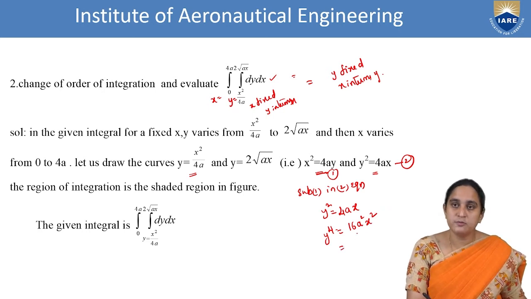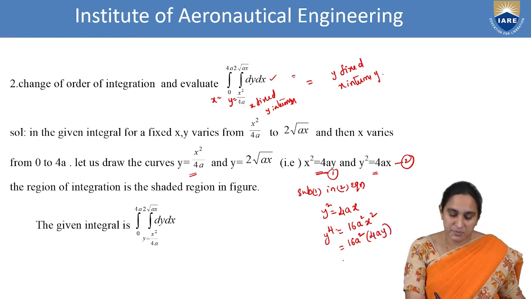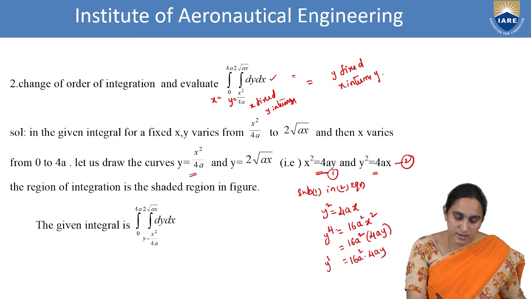Now substitute the first equation in this: 16a square into 4ay in place of x square. On the LHS we have y power 4, and one y and one y cancel. Y cube is equal to 16 fours are 64 into a cube.